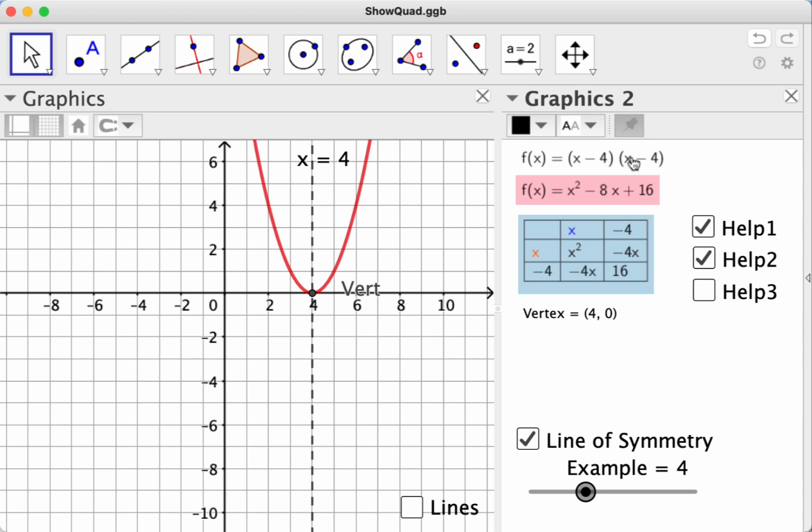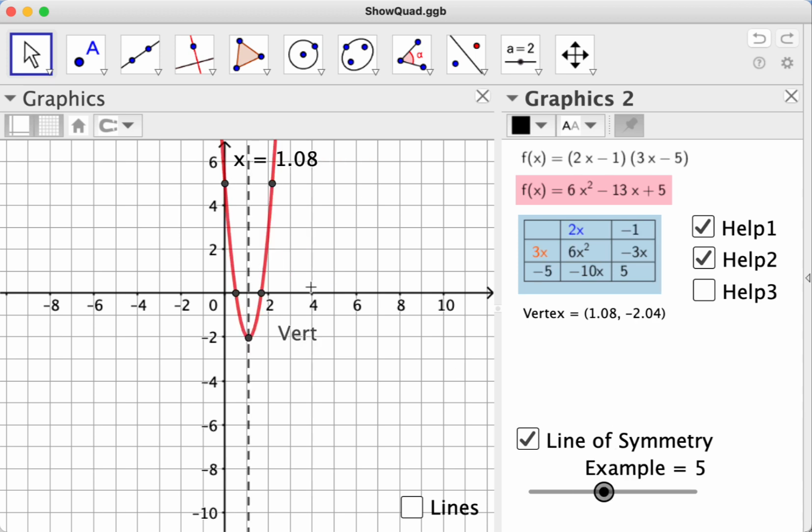And then the x value of the vertex is halfway between those two. So since they're the same, the x value of the vertex will also be at 4. So what that means is that when we have x minus a number times x minus that same number, our curve is going to have its vertex right on the x-axis somewhere. Okay.